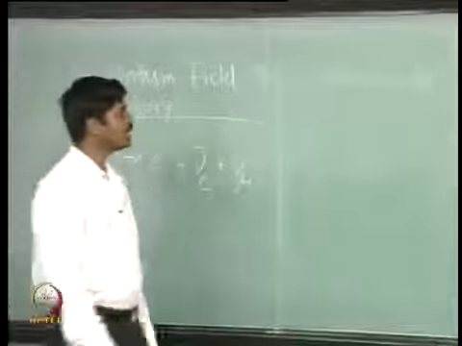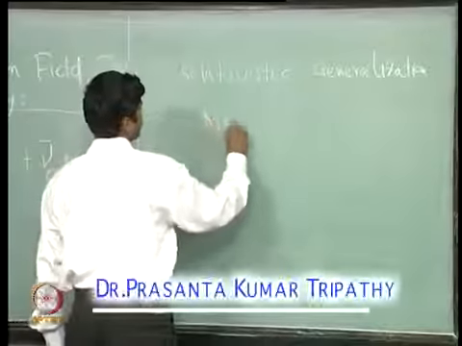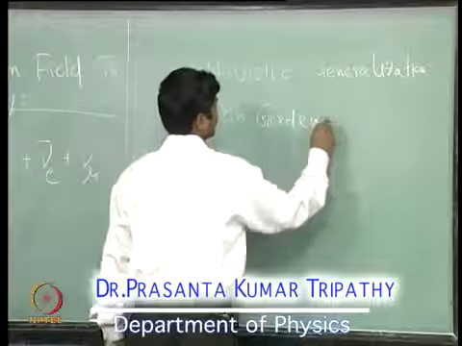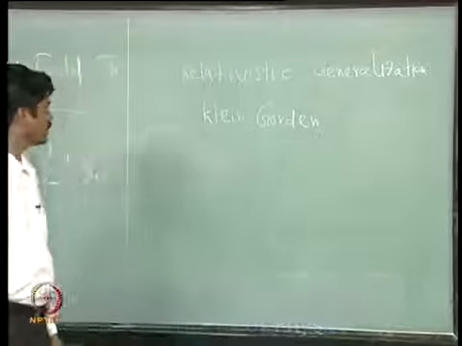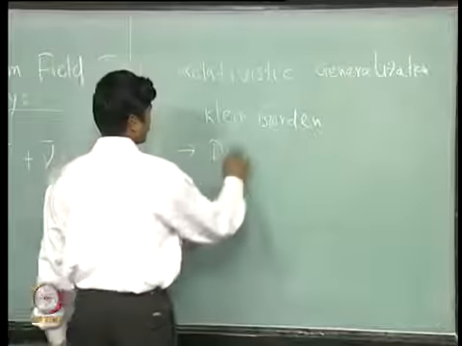of the Schrodinger equation. Klein and Gordon have already done that. And Dirac also has a relativistic generalization.